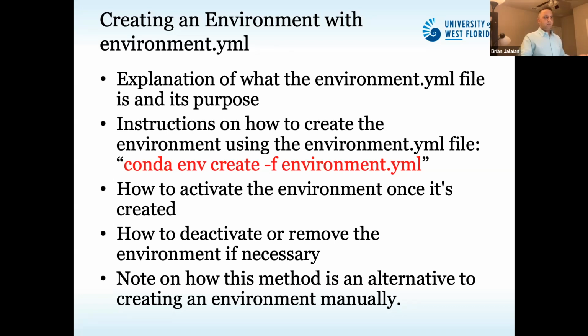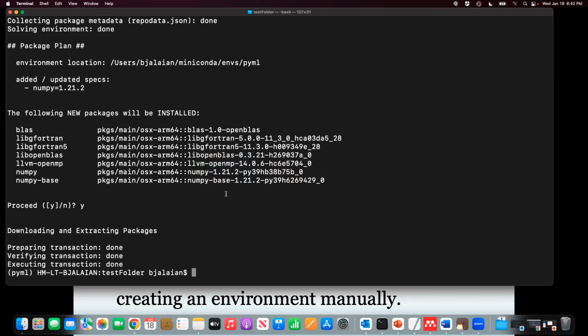Okay, so let's get back to the terminal and connect the dots. What did we do so far? We downloaded the repository, either manually by going to the website, or using Git to clone it.